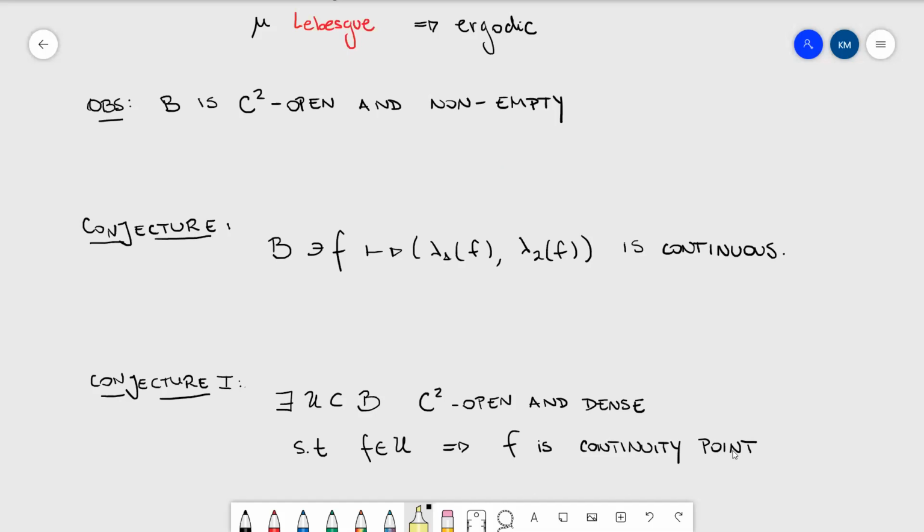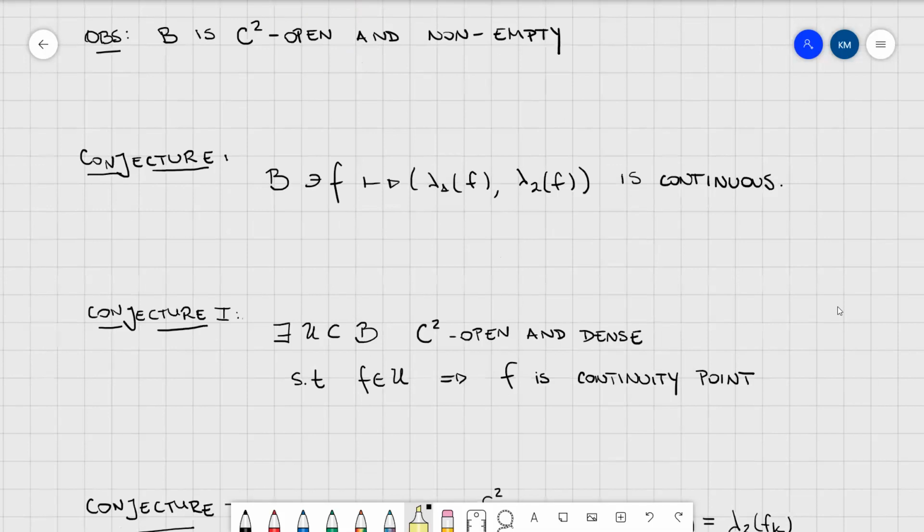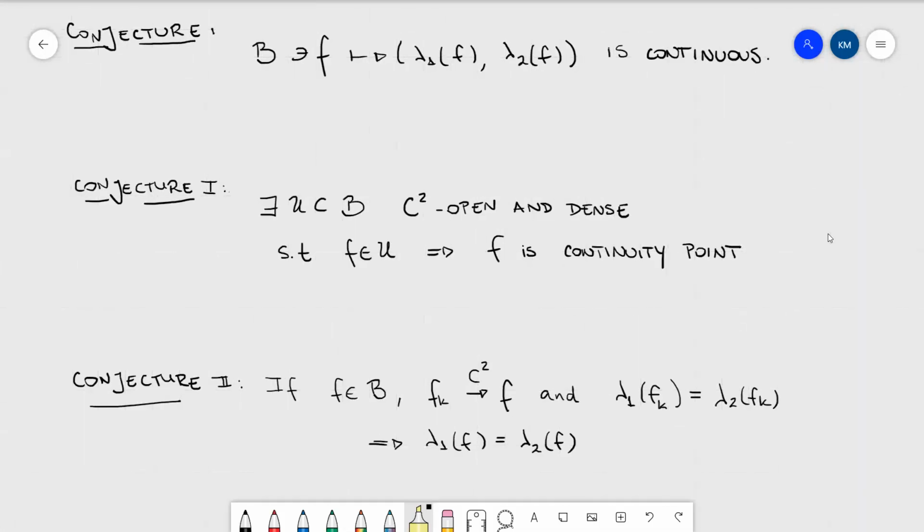If I want to make sure that my conjecture is true, a first step can be to prove that there exists an open and dense subset of continuity points. A second situation that I need to address is this. If I have a map here that is approximated by C2 diffeos, such that the center Lyapunov exponents of this sequence of perturbed maps are equal, then the center Lyapunov exponent of F should be equal.